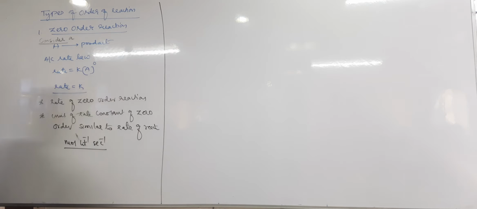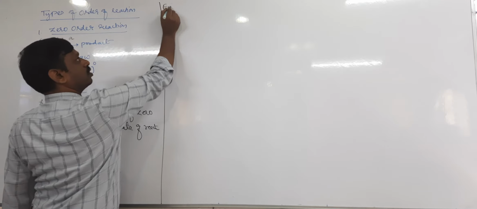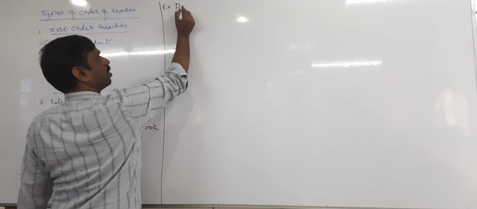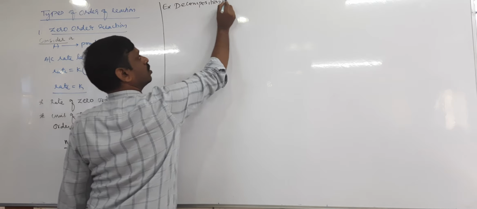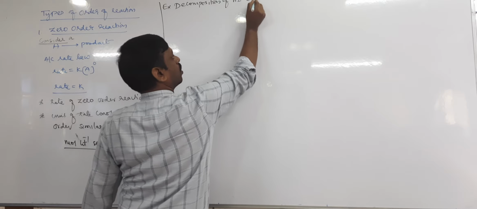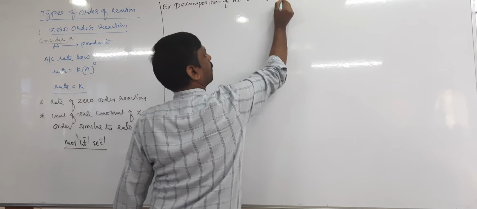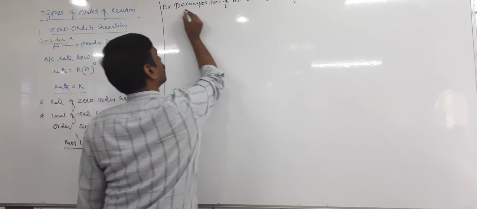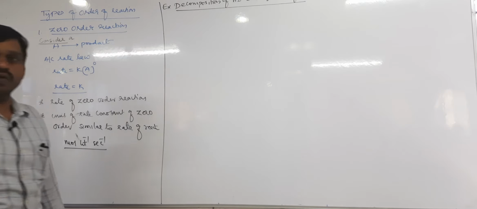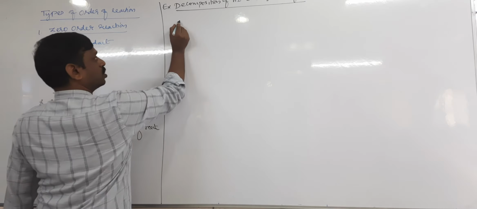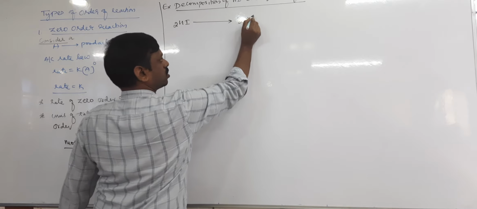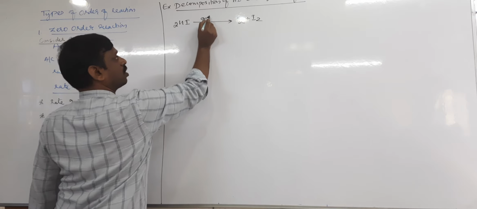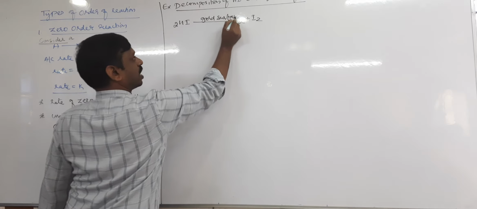So next are examples. What are the examples for zero order reaction? One, decomposition of HI over gold surface. HI, hydroiodic acid, undergoes decomposition to give H2 plus I2, on a gold surface where gold is a catalyst.